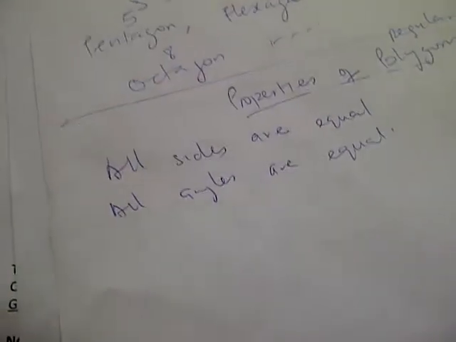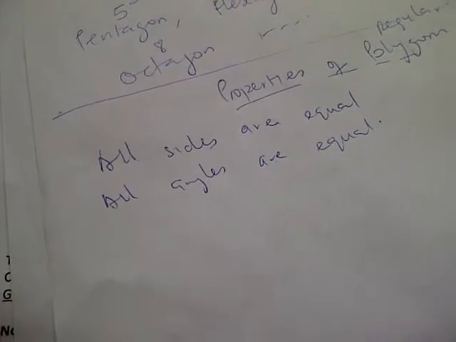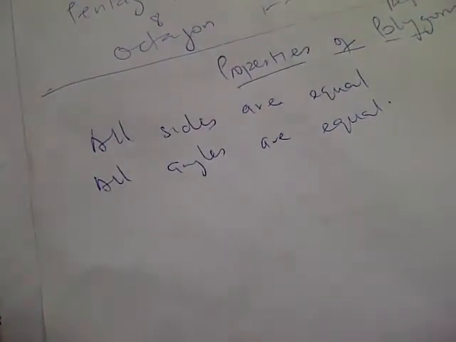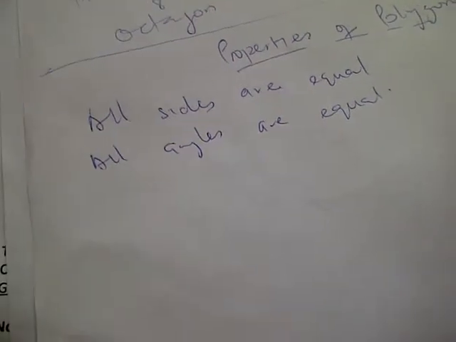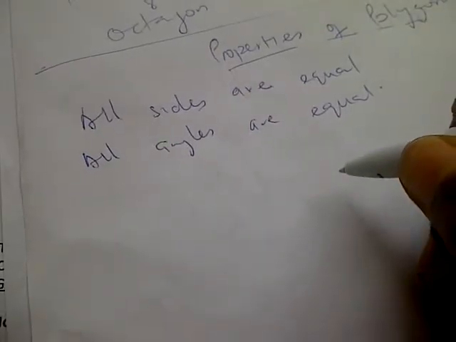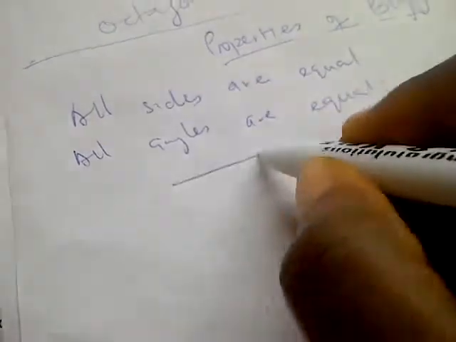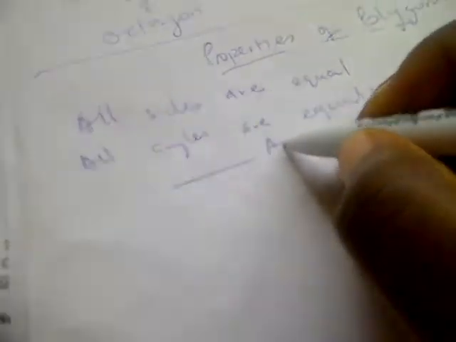Now, how do you find the size of the angles, the sum of the angles inside the polygon, and things like that? This takes us to angle properties.